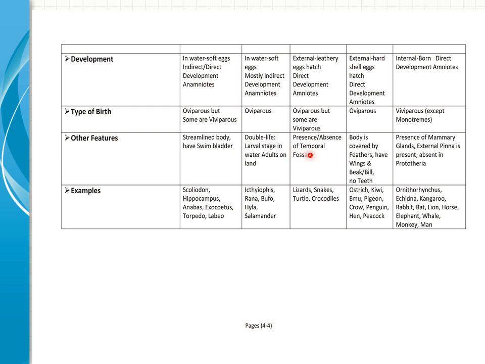Next is the presence or absence of temporal fossae. Temporal fossae are the vacuities present in the skull, and based on the presence or absence, number of these vacuities and their location, reptiles are classified. So temporal fossae are an important criterion for classifying reptiles, and they have evolutionary significance also.